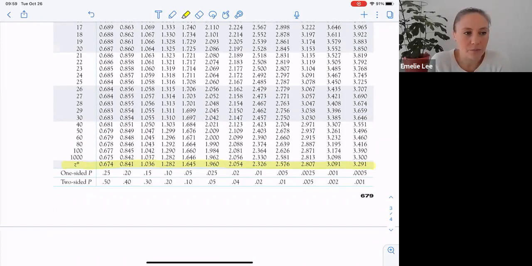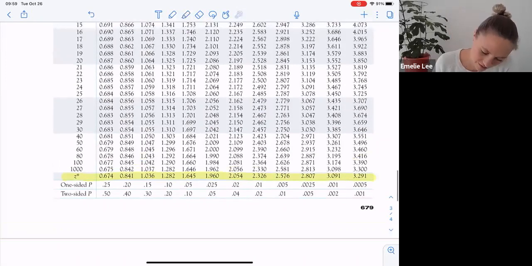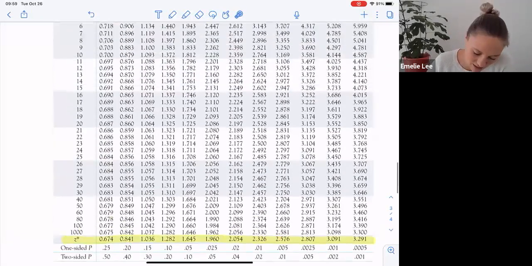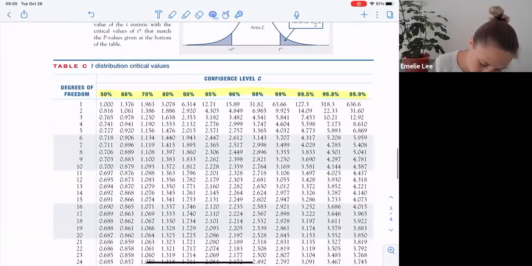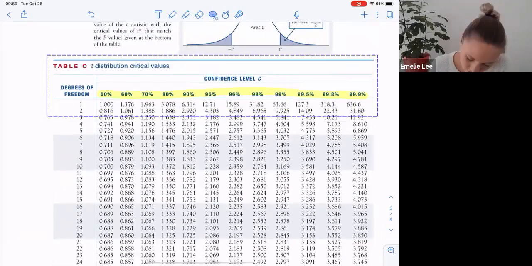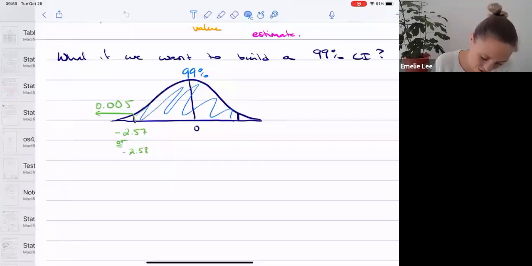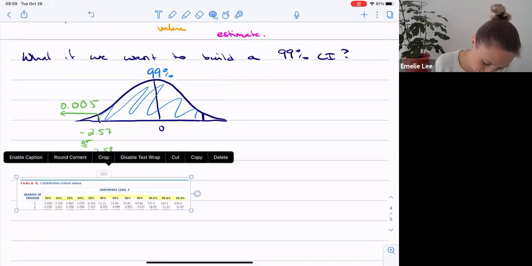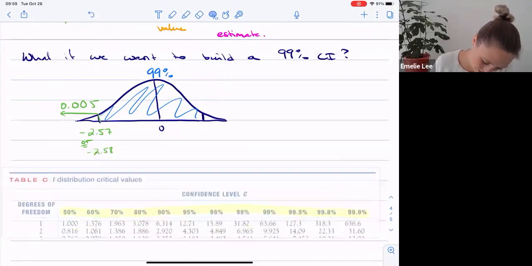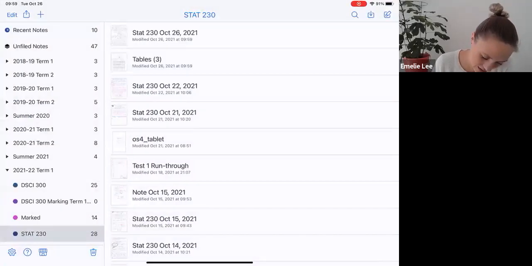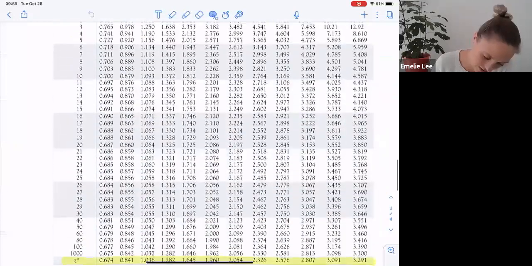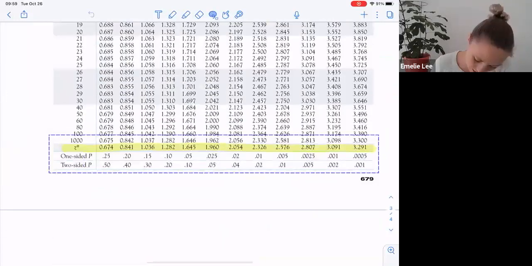So here we have more precise values. What I'm going to do is chop up this part, copy, bring it into our notes, paste. Then I'm just going to ignore the midsection here for a bit.